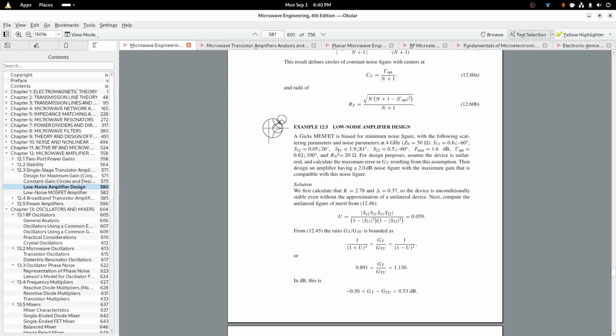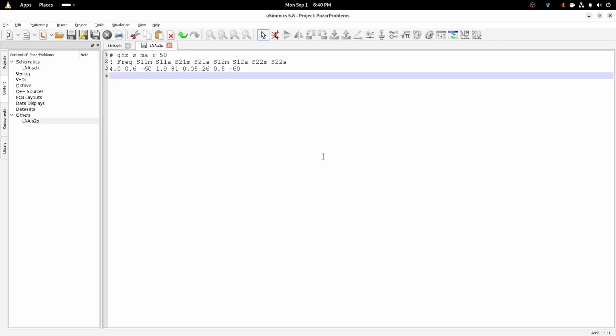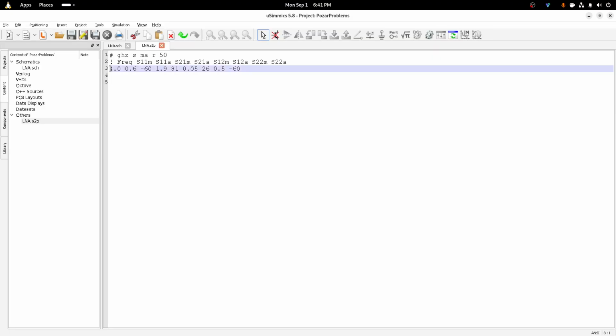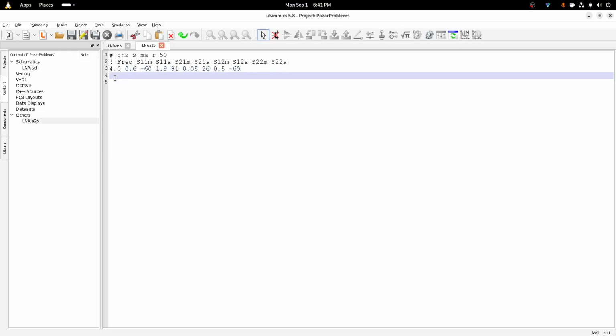So that's it for the actual S parameters. But we also want to include noise. So the way this works is that the parser, the second it sees a repeated frequency, so say we had all the way up to 9.0 or something.